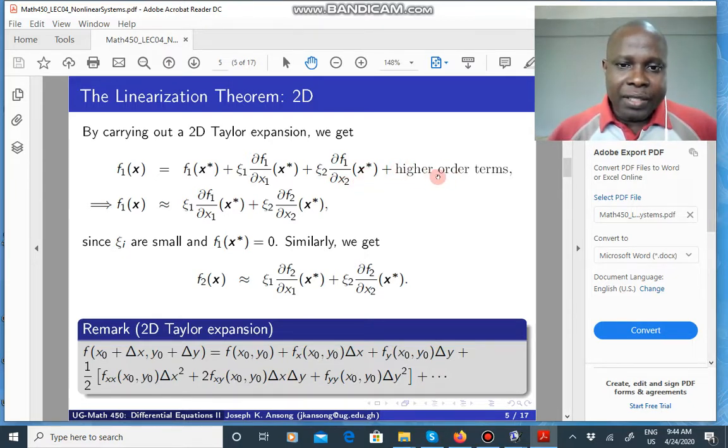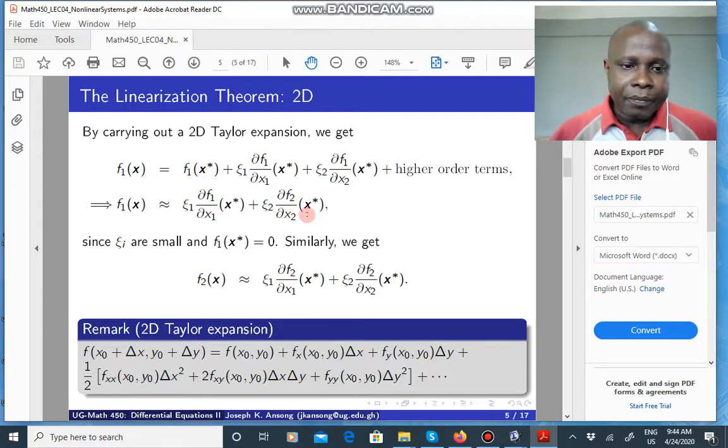These higher order terms constitute things like terms with xi1 times xi2, or xi1 squared or xi2 squared. All right, because xi1 is small, the square of that or the product of that is also very small, and so you can neglect that. And because x star is a fixed point, f1 of x star is of course equal to 0, and so you end up with this.